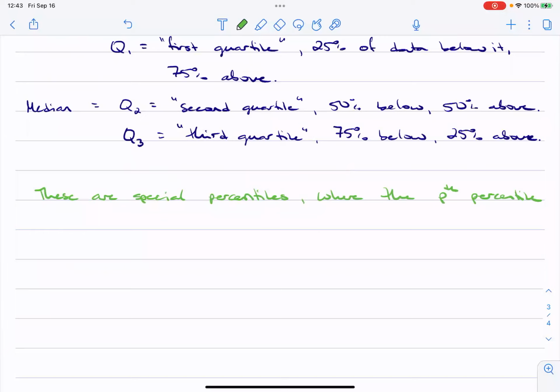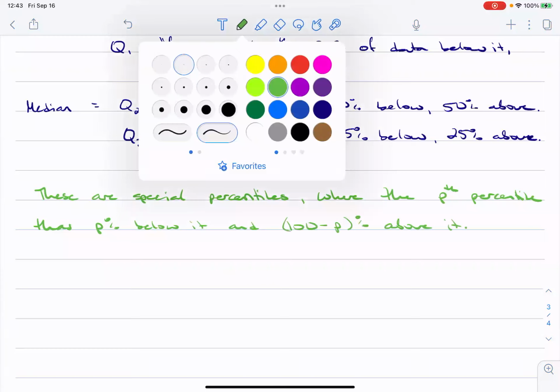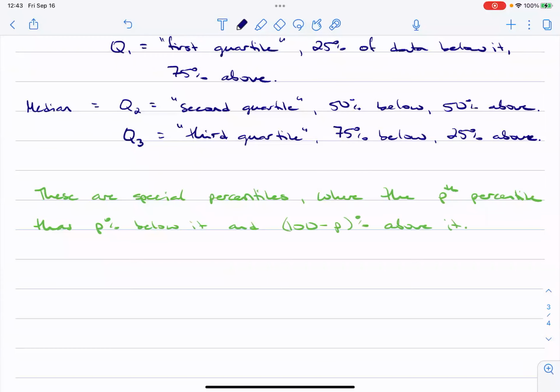Where the pth percentile has p% below it and 100 minus p% above it. I rarely talk about percentiles, but especially if you're talking about growth data, you'll be talking about percentiles. It's good to know what they are, but software will just calculate it for you. Okay.